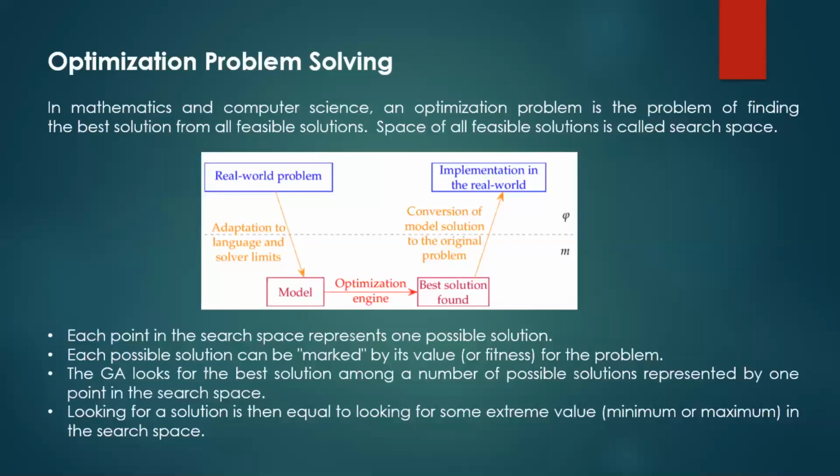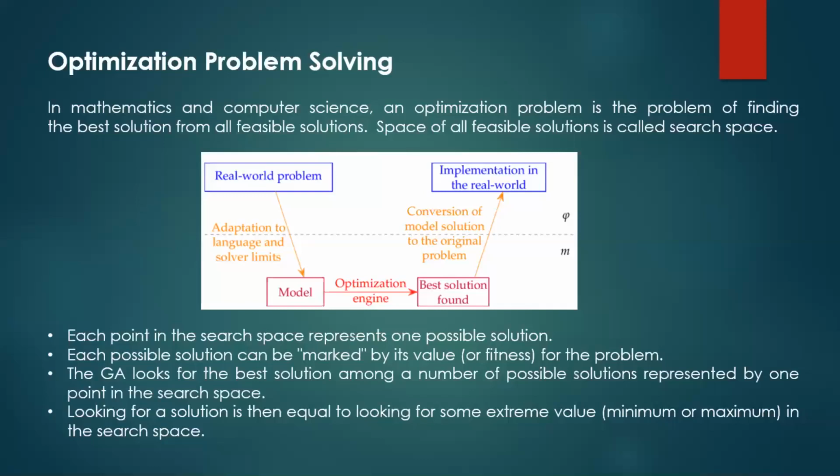Based on that objective function we have to decide which value is the best one, because the objective function gives us the goal, that is, minimizing or maximizing that objective function.